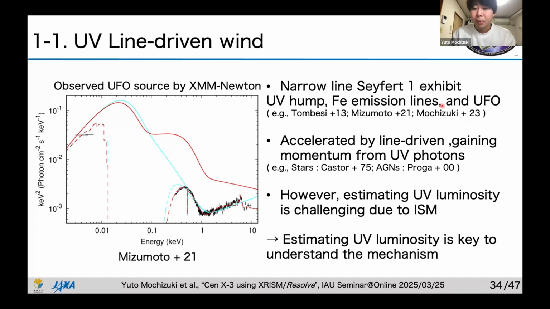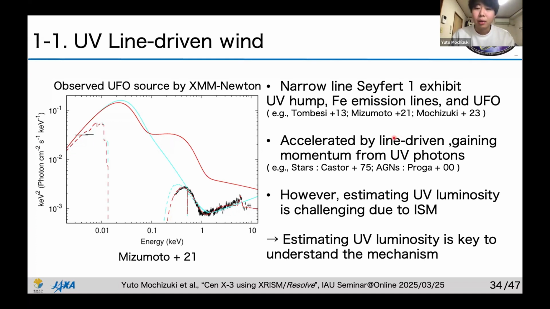UFOs are accelerated by various mechanisms, like radiation or magnetic mechanisms. One of them is line-driven acceleration.